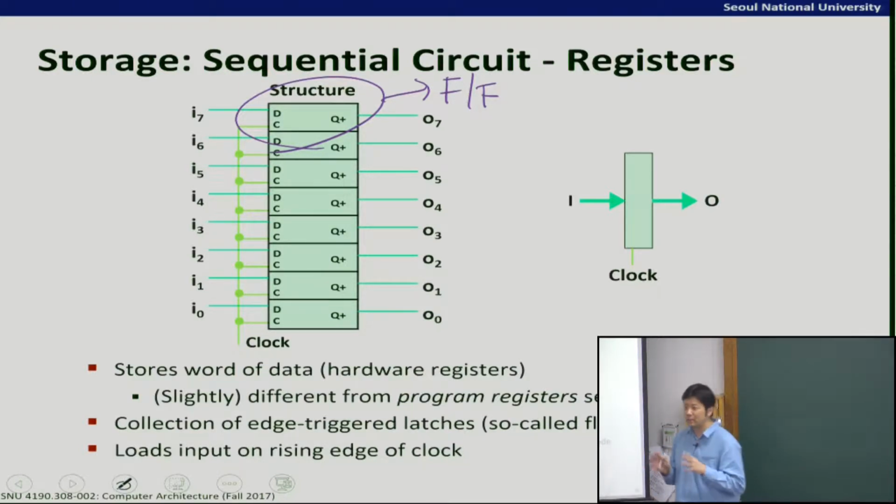Of course, these registers are practically realized using hardware registers, but we sometimes need to distinguish the two, the program register and the hardware register. So in this case, I'm talking about the register you learn from a logic design course.